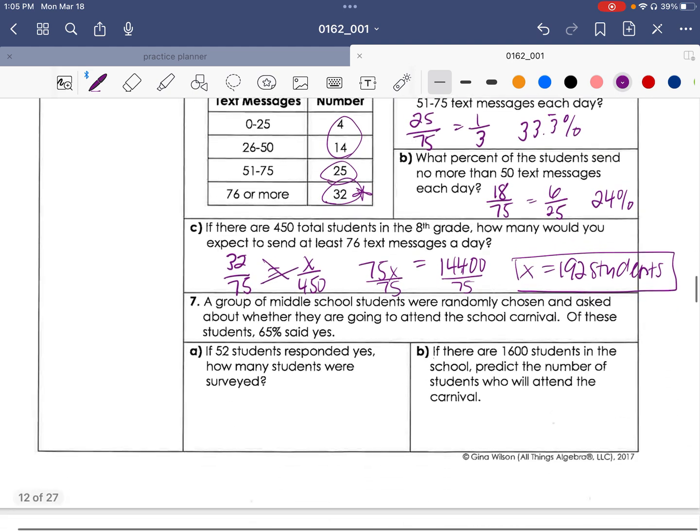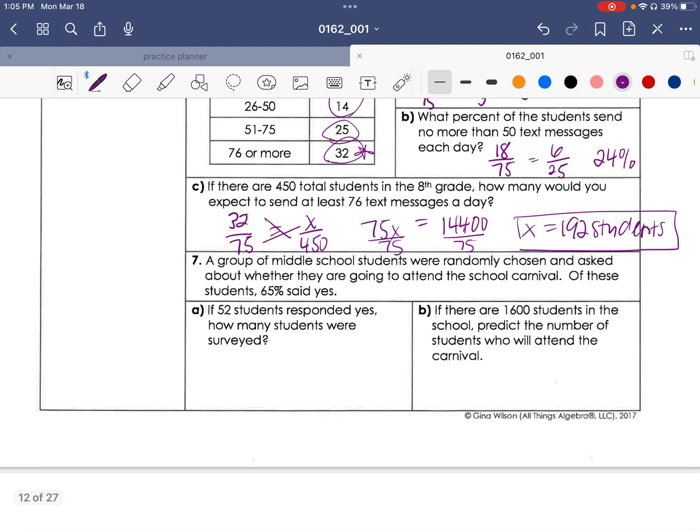Okay, last section here. A group of middle school students were randomly chosen and asked about whether they are going to attend the school carnival. Of these students, 65% said yes. If 52 students responded yes, how many students were surveyed? So if 52 out of an unknown number responded yes, that means there were 65 out of 100.